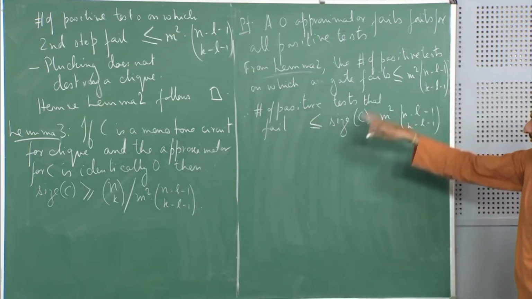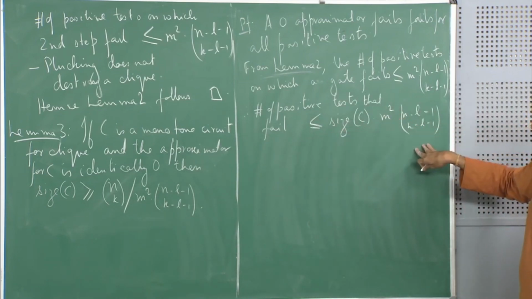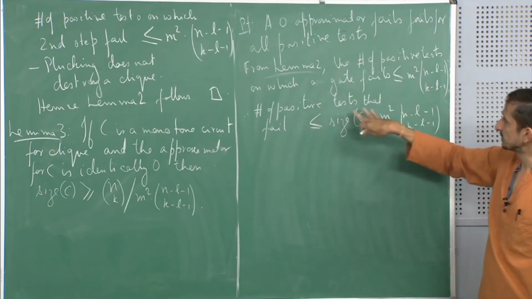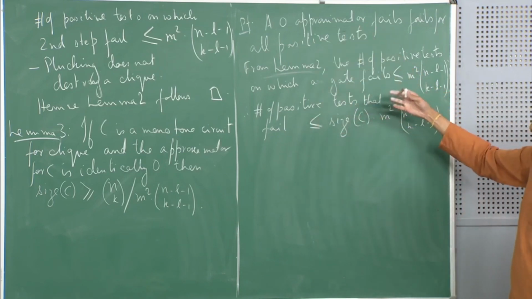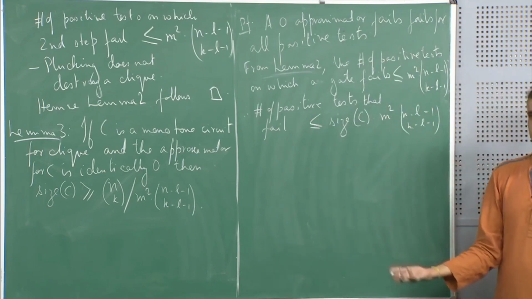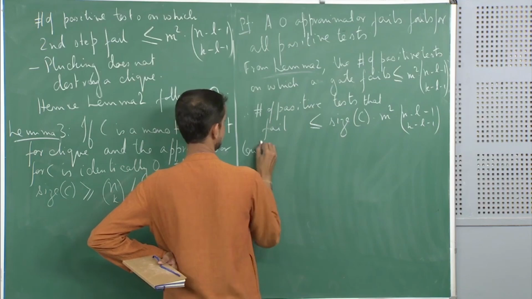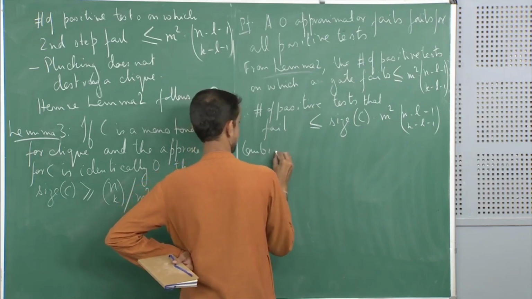So, the number of positive tests that fail is at most this, and by the above, the number of positive tests that fail is at least the total number of positive tests, which is n choose k. So, combining, what do we get?